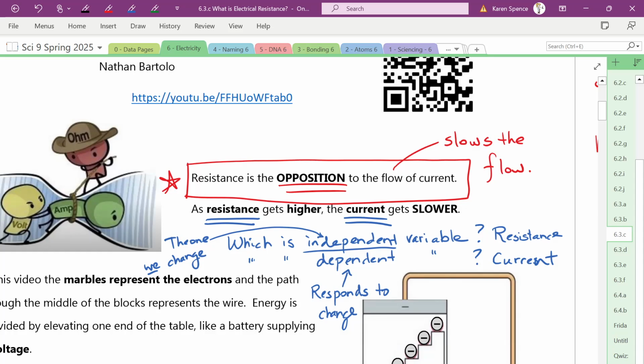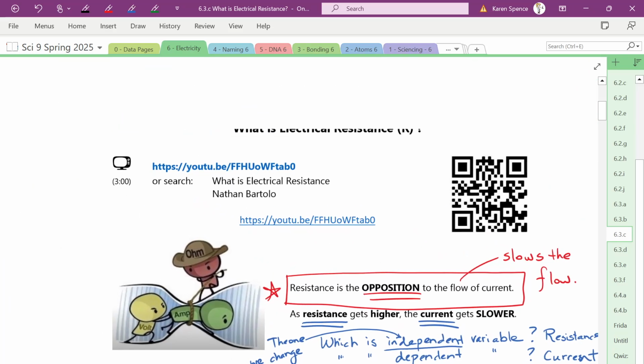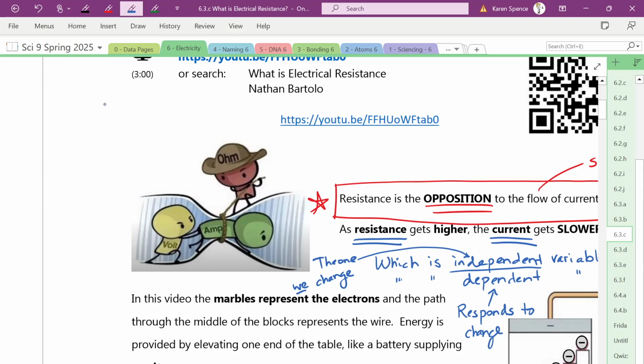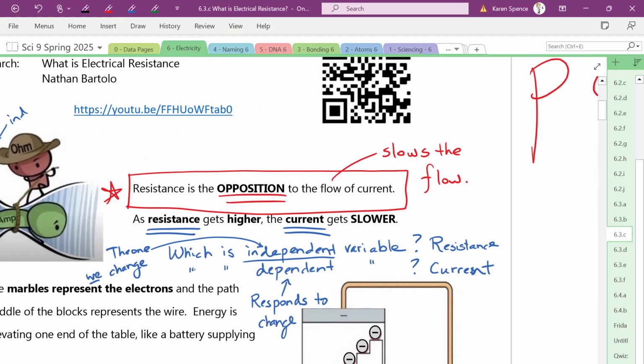If we were to graph this, where can I put a little graph? I could put a little graph over here. Which variable goes on the x-axis? The independent or the dependent? Independent. Okay, so on the x goes the independent. And so what would we label our x-axis in this case?